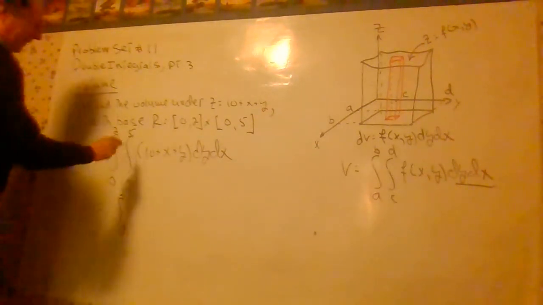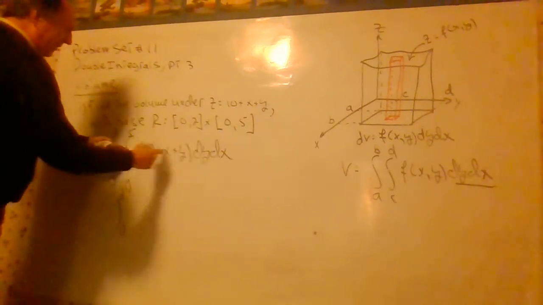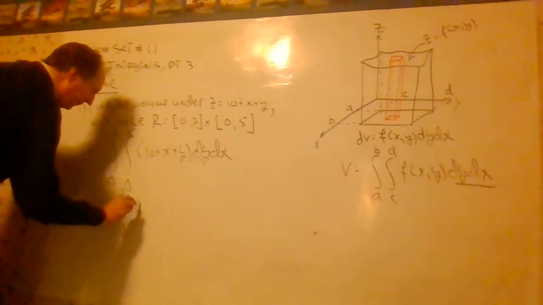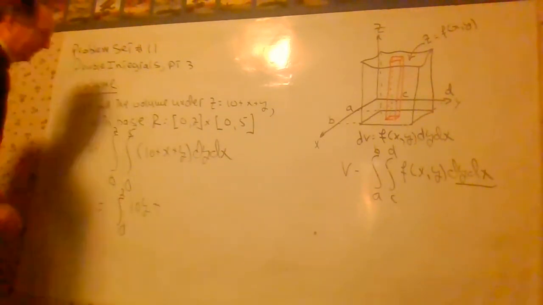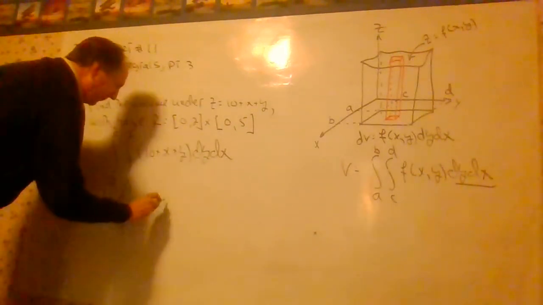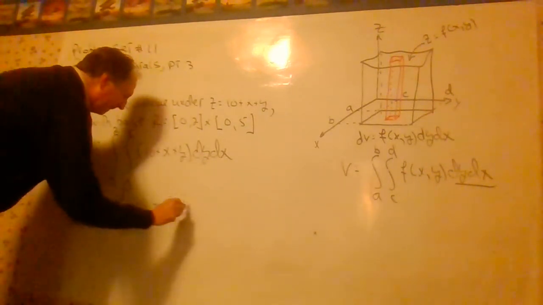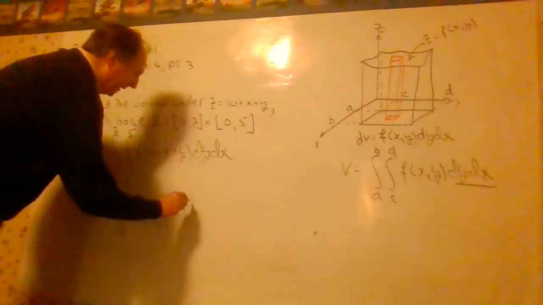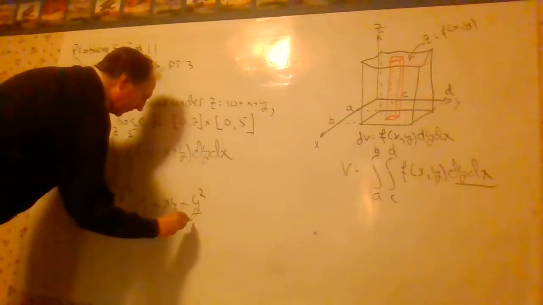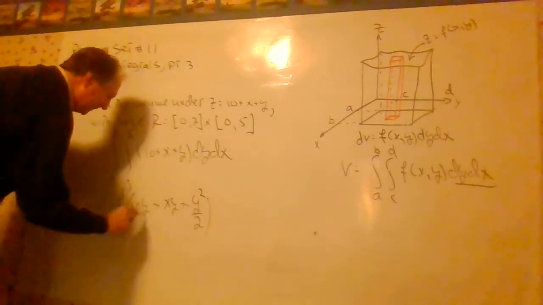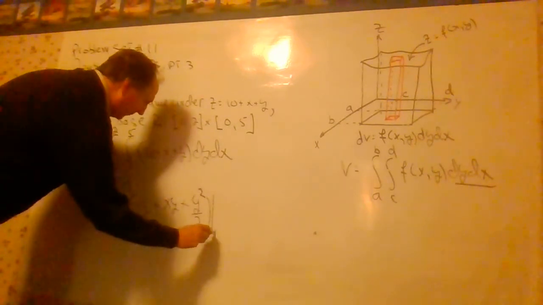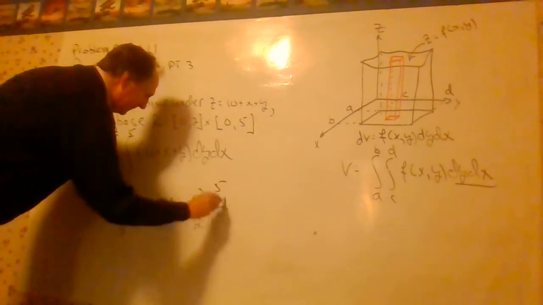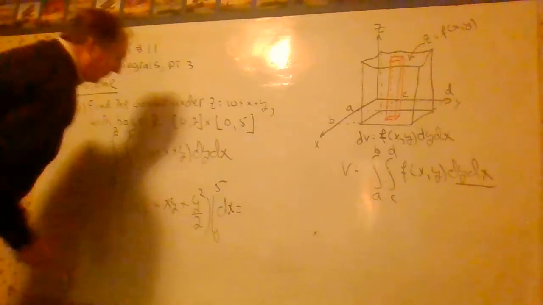Integral 0 to 2. Now we have to integrate inside. 10 dy is 10y. x dy is xy. And y dy is y squared over 2. And that's from 0 to 5, dx.